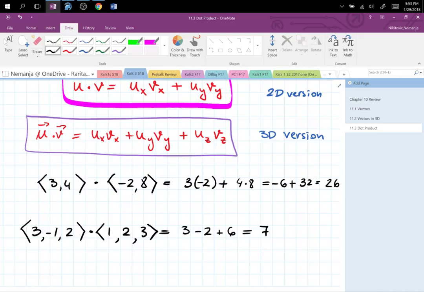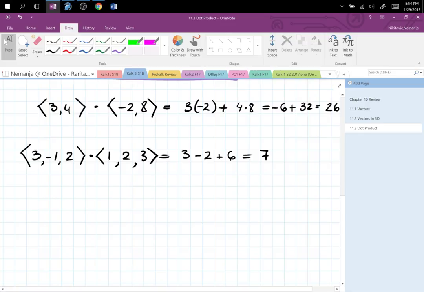There is another definition for the dot product, which involves the magnitude of each of the vectors and the angle between those two vectors. That formula will further explain the idea that the dot product measures how much of the same direction the vectors have amongst each other.